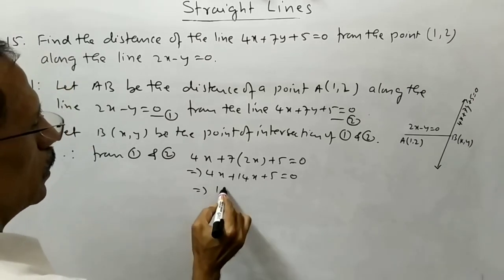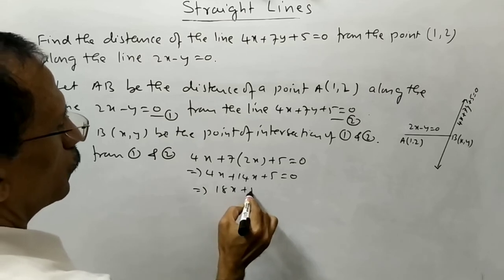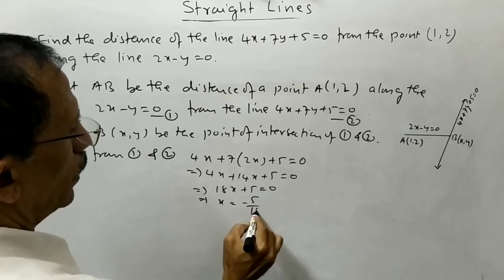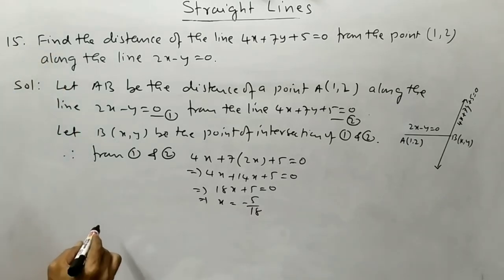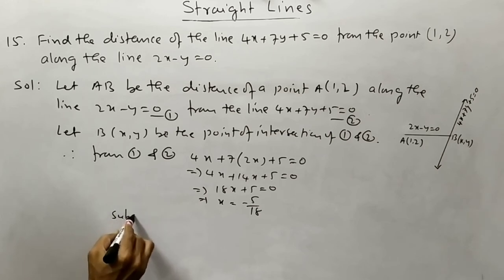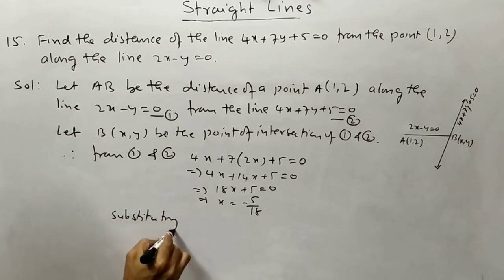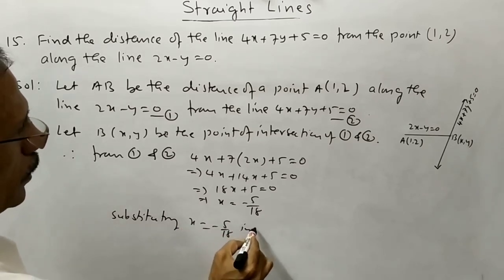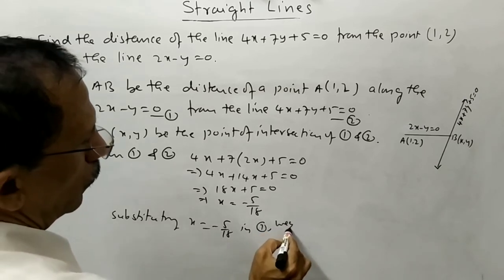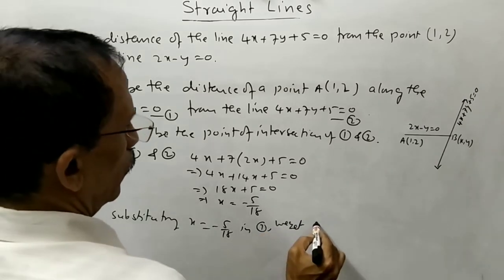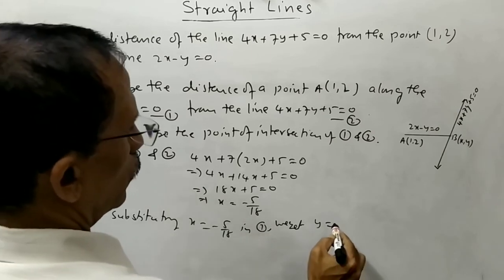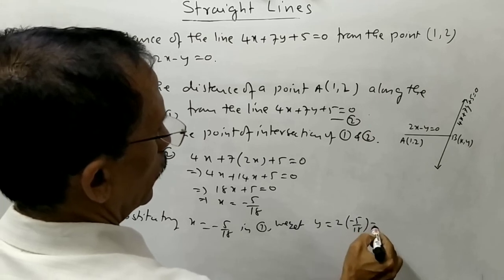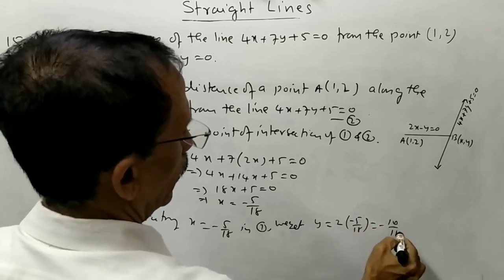This implies 18x plus 5 is equal to 0. This implies x is equal to minus 5 by 18. Substituting x is equal to minus 5 by 18 in 1, we get y is equal to 2 into minus 5 by 18 is equal to minus 10 by 18.